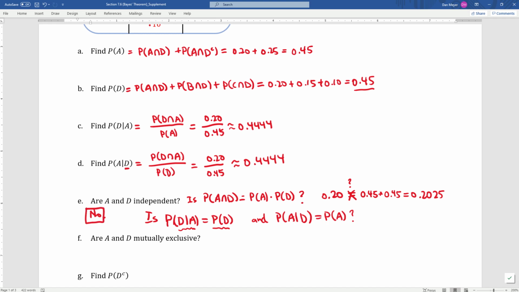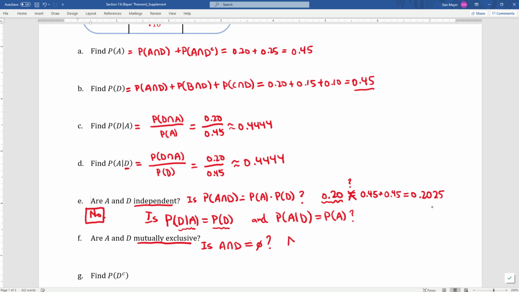Are A and D mutually exclusive? Now this is a different question. Remember, independent is not the same as mutually exclusive. All right, mutually exclusive, we're asking, is A intersect D empty? And since the probability of A intersect D is non-zero, then it can't be empty.